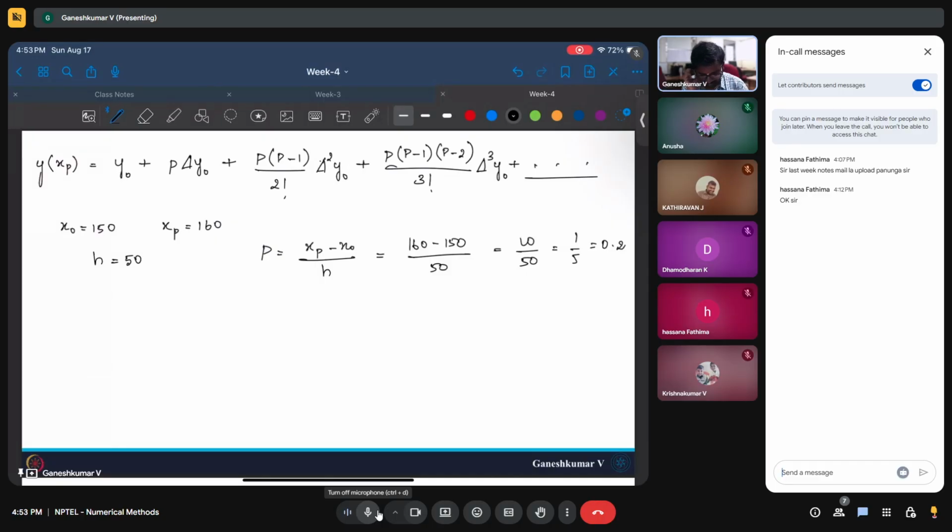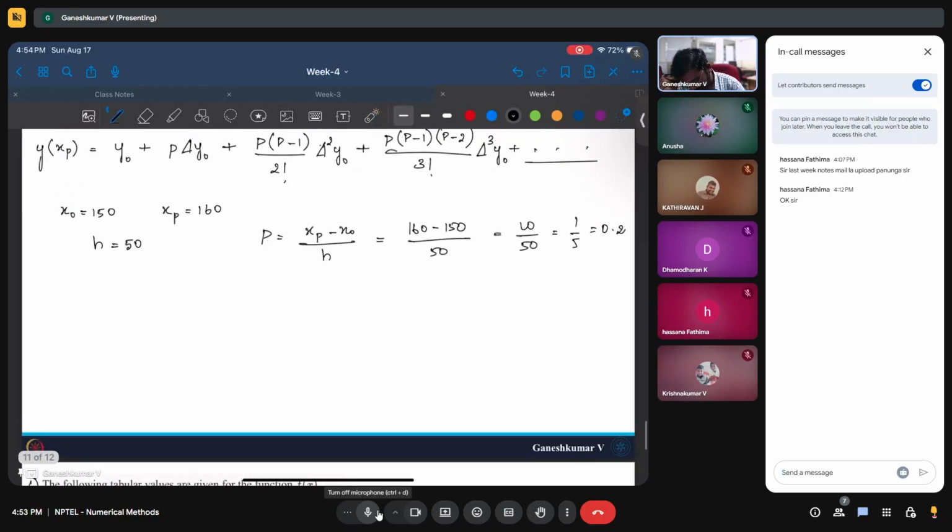Now you have everything in this formula. You can just substitute p, delta y naught, delta square y naught, delta cube y naught, to get y at 160 feet.